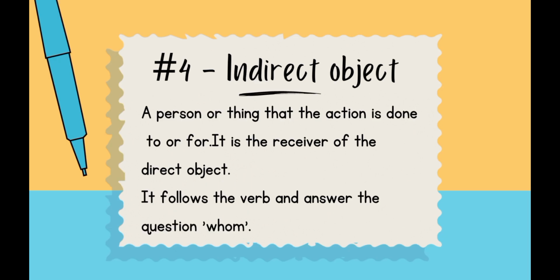The fourth structure is indirect object. Indirect object is a person or thing that the action is done to or for. It is the receiver of the direct object.